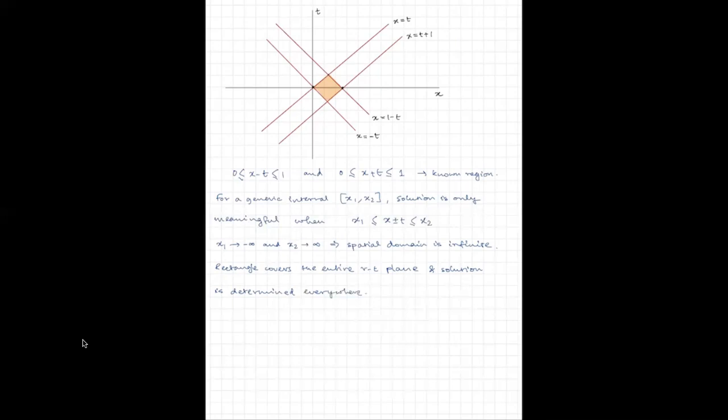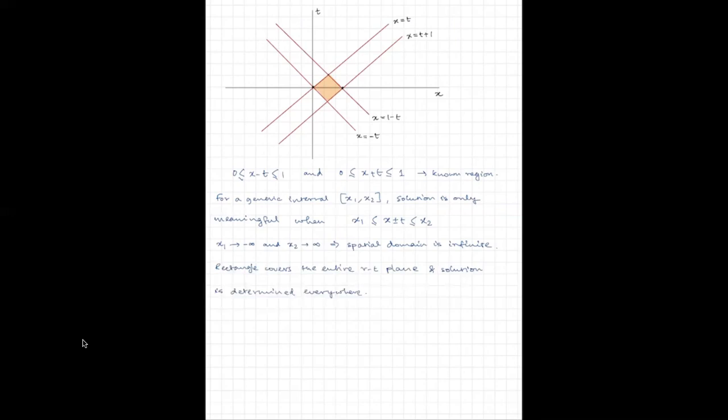If these initial conditions, like in the case that we have just looked at, are specified in a finite segment, then one needs further information if you want to determine the solution elsewhere.